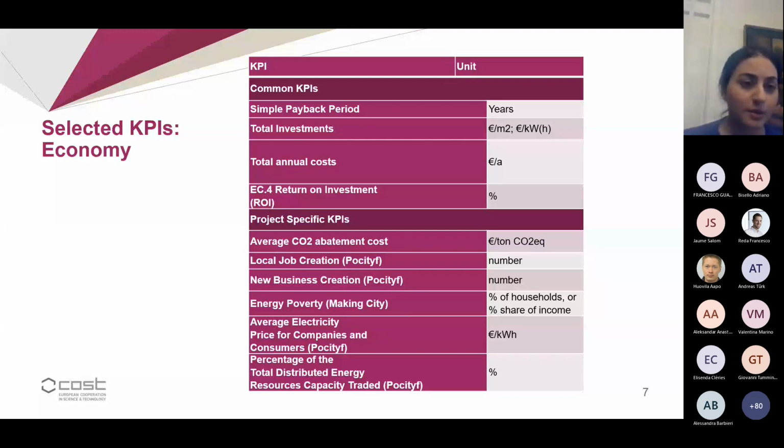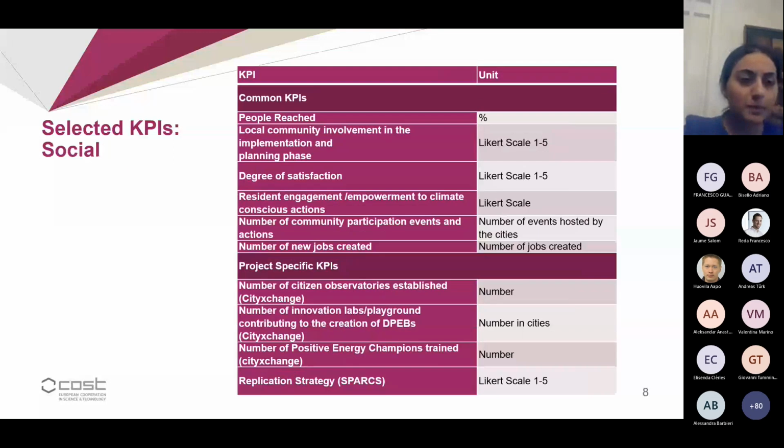This was the outcome that we found for the common KPIs selected among all 6 lighthouse projects. Then we also considered the social KPIs, which were looking through different kinds of scale, like number of citizens, number of innovation labs, number of positive energy champions trained, and replication strategy, which was different.